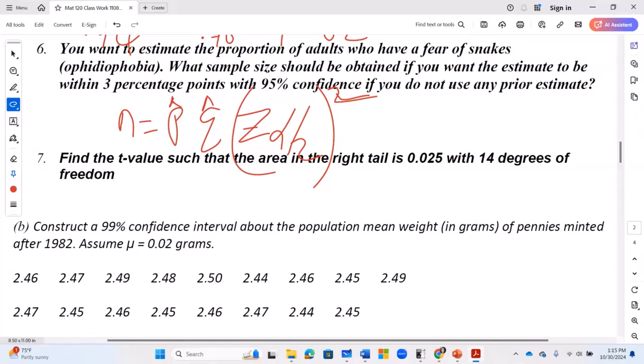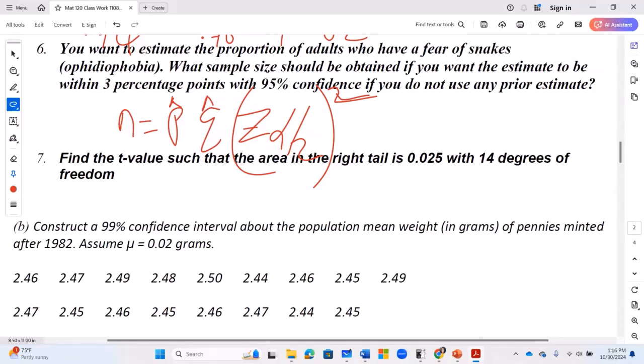All right, so I want to calculate the sample size with the question given to me in number 6. You want to estimate the proportion of adults who have a fear of snakes, or phobia. What sample size should be obtained if you want the estimate to be within 3 percentage points?